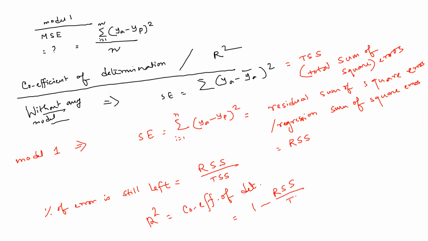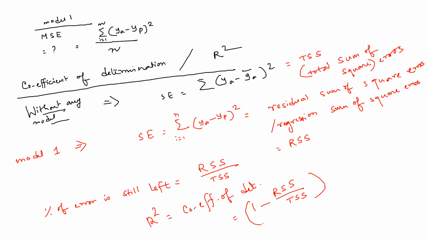That means the percentage of error that your model can explain. This value is used to compare one model with another. If I have one model with Putin and another model with, let's say, deforestation, while predicting rainfall, I will get the R square values and compare them to see which model gives the better R square value.